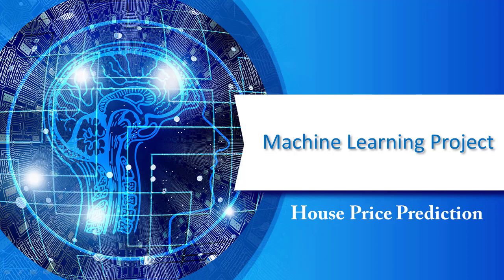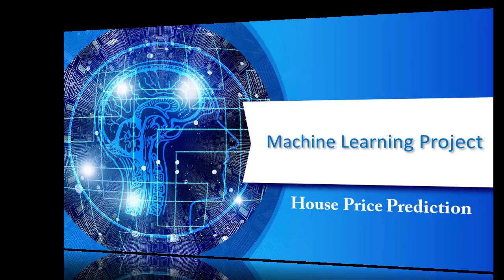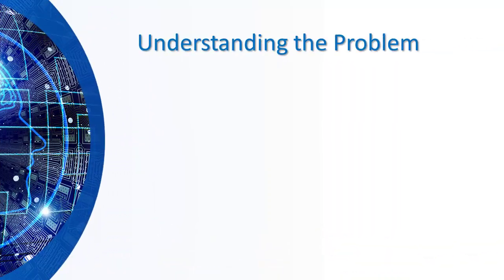Deployment simply means that we have to give a website where anyone can put a number in and it will predict the price. Not that, but we'll be building an end-to-end machine learning project and we'll save our model so that we can deploy it.